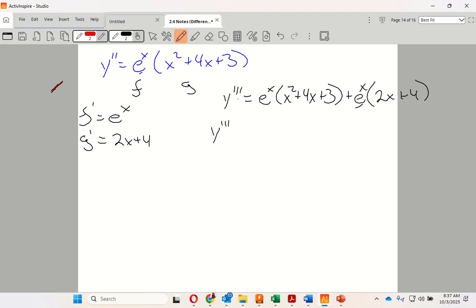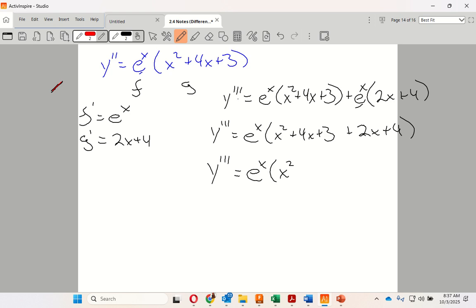So y triple prime is e to the x times x squared plus 4x plus 3 plus 2x plus 4, and then y triple prime is e to the x times the quantity x squared plus 6x plus 7.